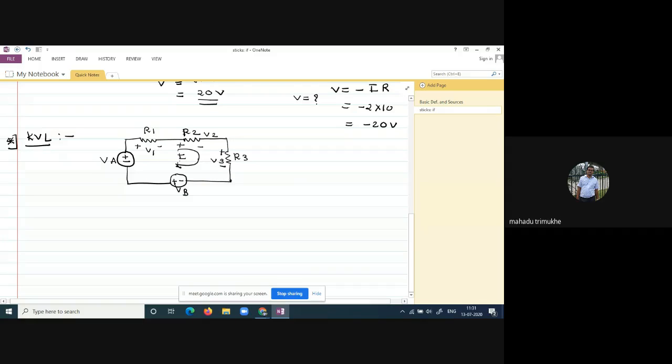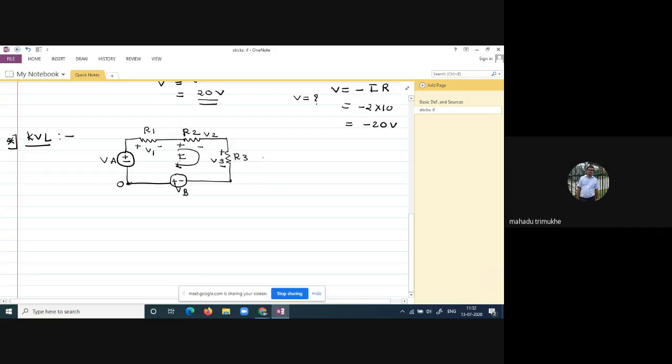Right? Suppose we start from point A here, this is point A we have assumed. Starting from point A, we apply KVL to the loop in the given current direction.